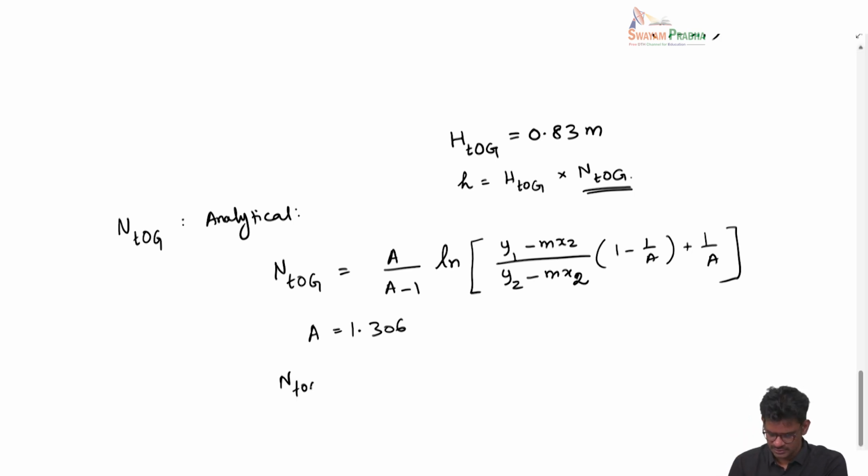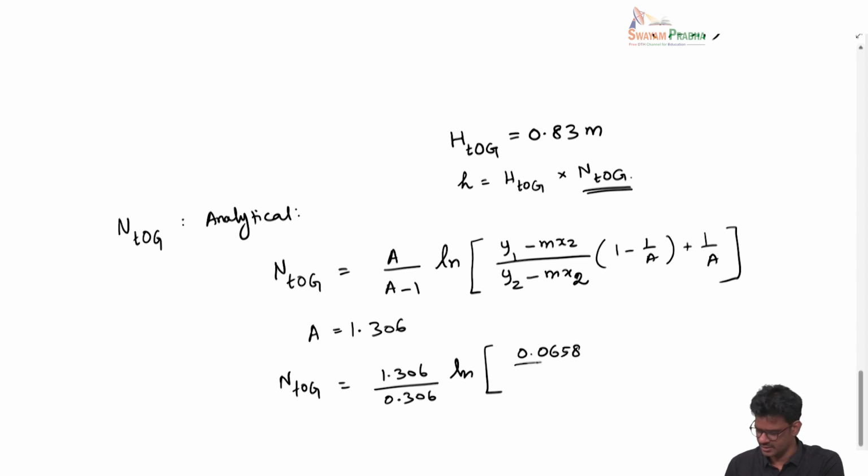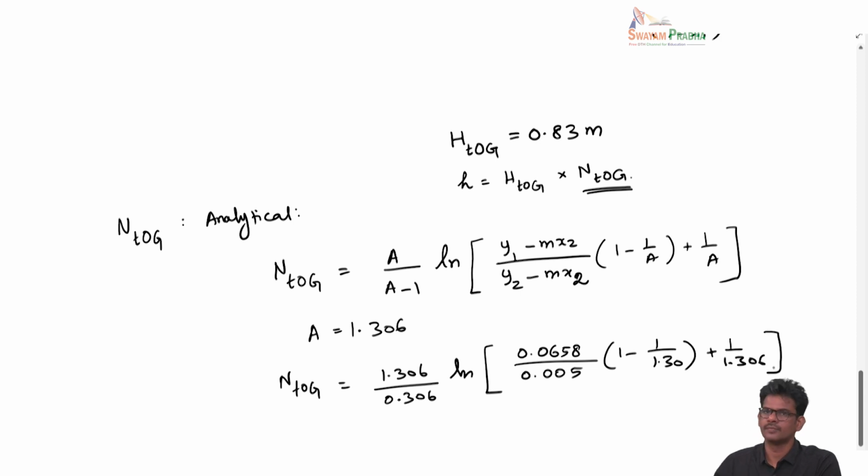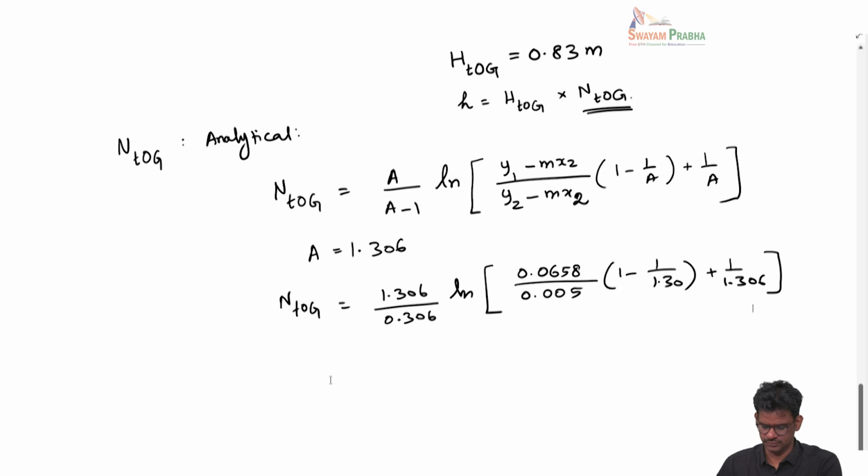So y1, these are mole fractions, 0.0658, y2 is 0.005, and if you calculate, you will see NTOG is about 5.75.